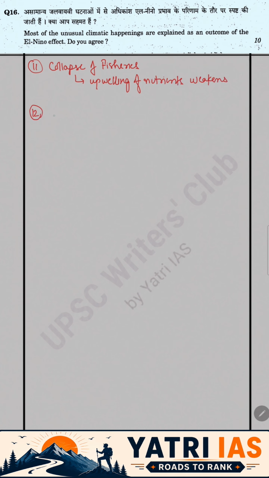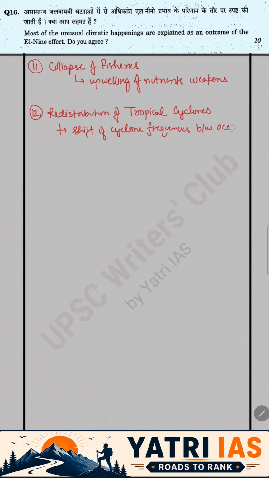You also see redistribution of tropical cyclones with shift of cyclone frequency between ocean basins. So these are the reasons, unusual climate happenings that are there due to El Nino.